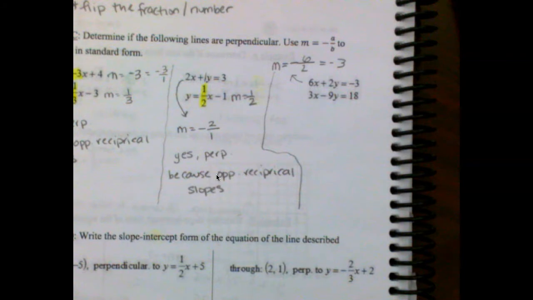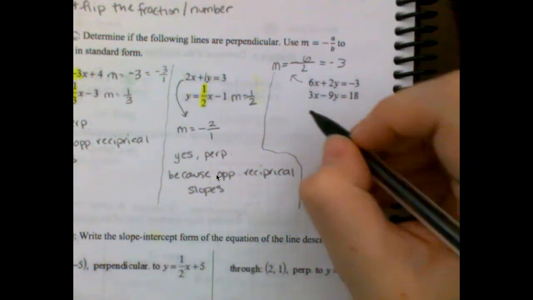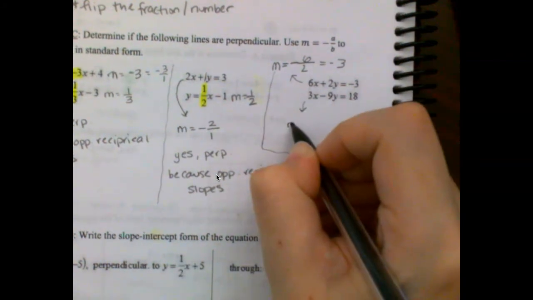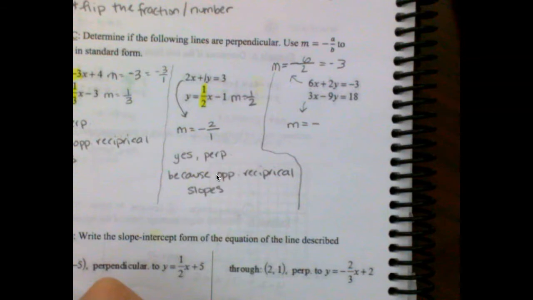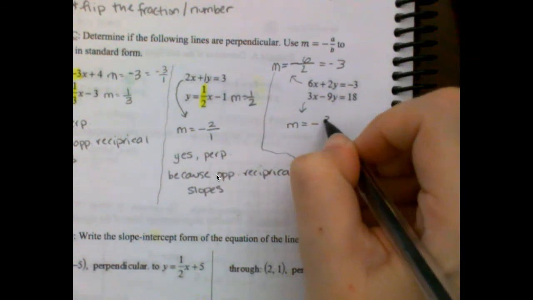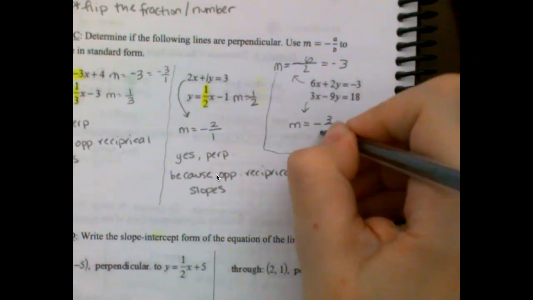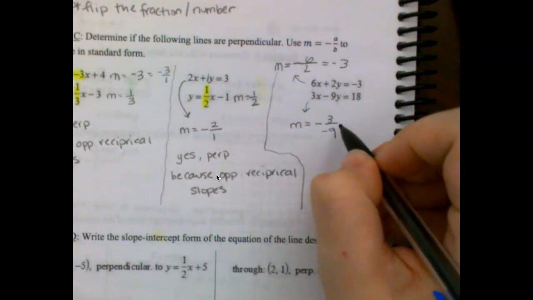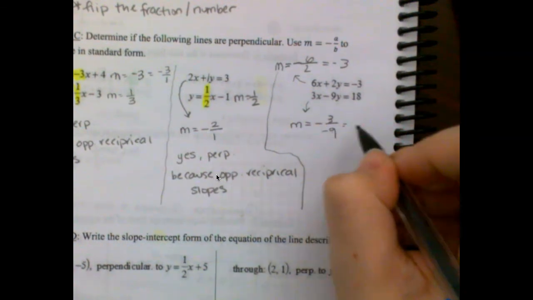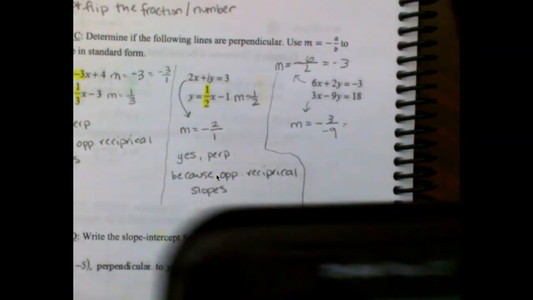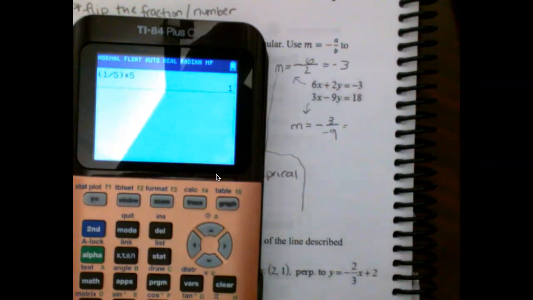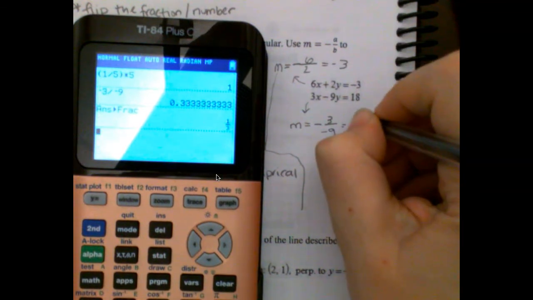So it's my first slope of that first line. This bottom line, I've got a negative from the formula, a 3 from A, B is -9, so I'm going to have a -3 over -9, and if you're not sure how to reduce that, again, use your calculator. -3 divided by -9 pops up a decimal, but we can convert that to a fraction easily as 1/3.